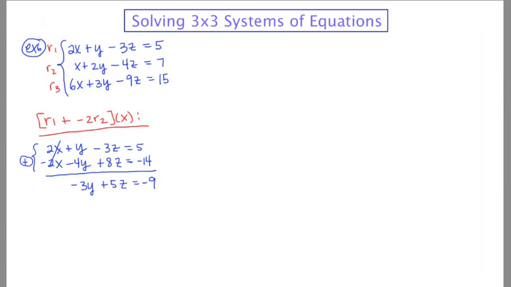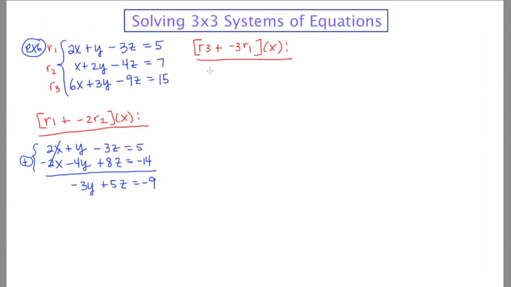Okay, let me pick another 2 rows to get rid of x, and I'm going to do, how about this? Row 3, I'm going to add to that negative 3 times row 1. And we're going to get rid of x again.